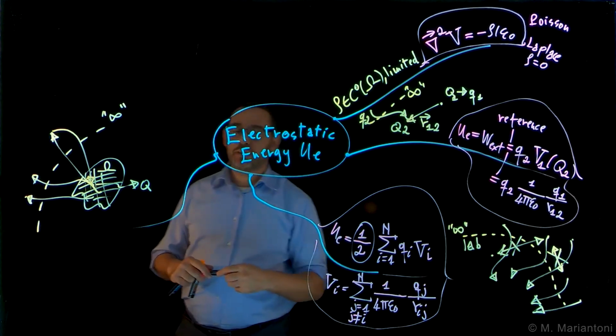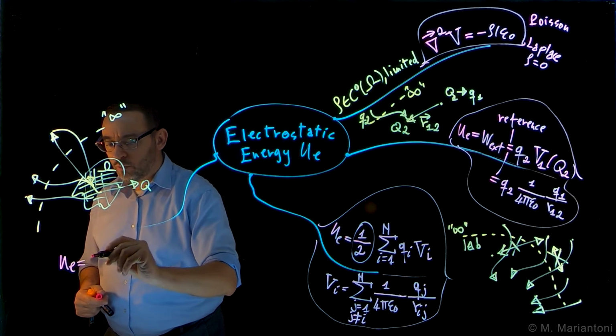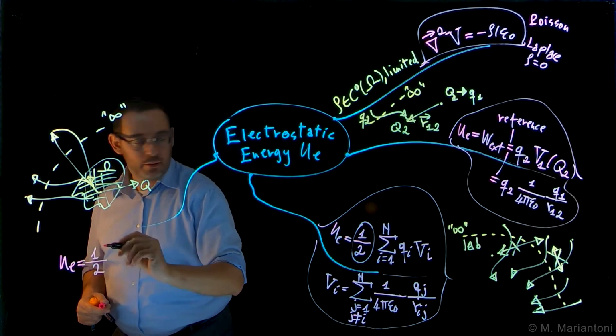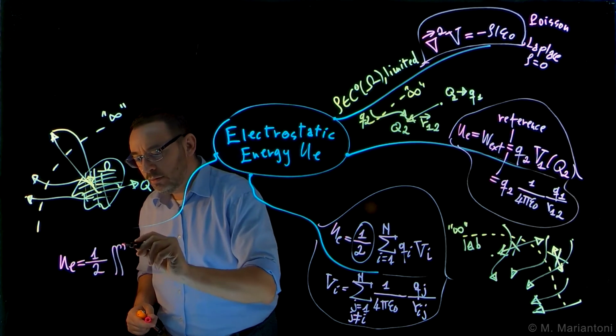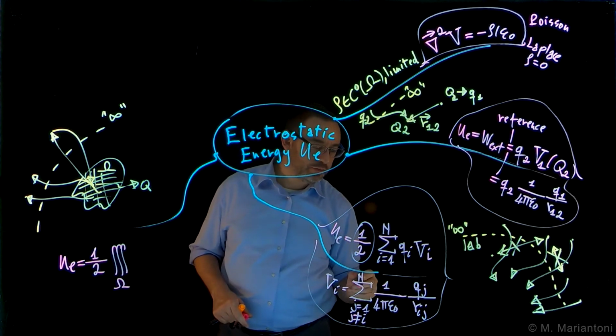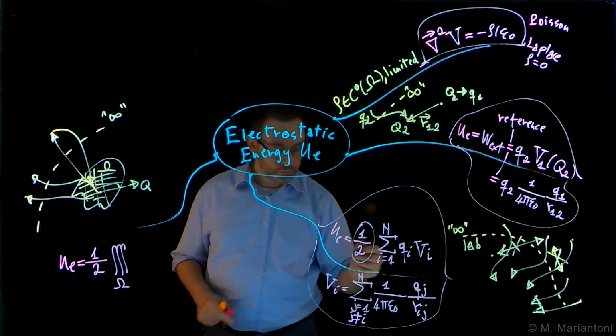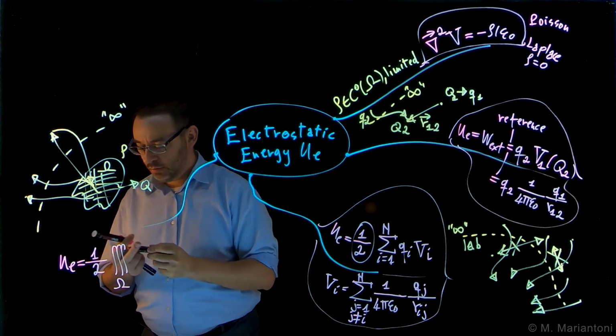We were able to find the UE in this case by means of a mapping. 1/2 remains there. The sum becomes the volume integral in region omega, where the charge is defined with density rho. So we have density rho in this region of space, okay?